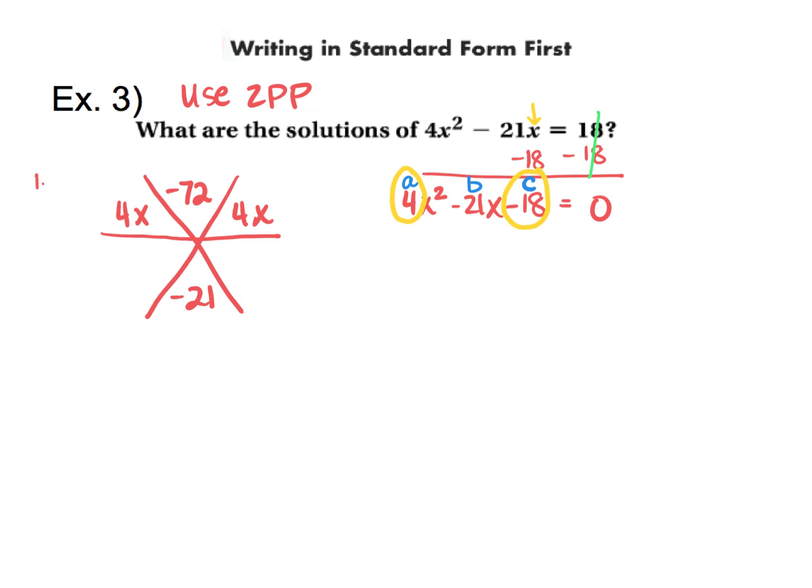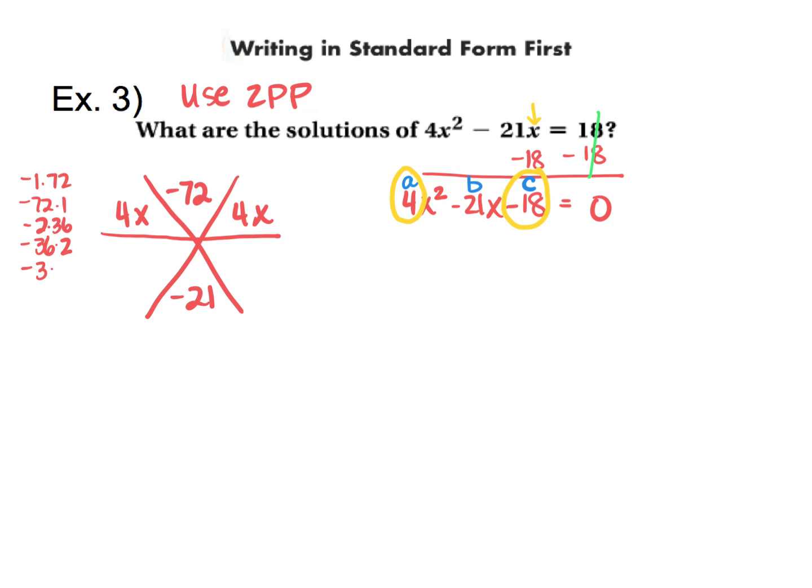So we've got 1 and 72. Negative 1 and 72, or negative 72 and 1. Those are 2 of our choices. Or we've got negative 2 and 36, or negative 36 and 2. We have a negative 3.